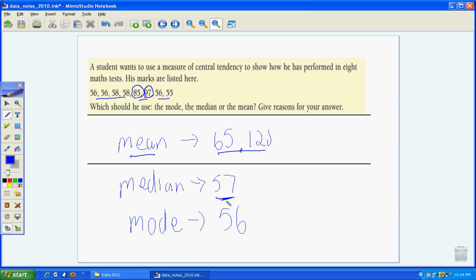It's going to be more representative. So the median's probably the best one to use. The mode's okay because again it's pretty close to the median, the middle of what most of the scores are. But if you're looking for a good reason to actually bump up your scores, which is a bit dodgy, the mean would be the best one to use in that situation.